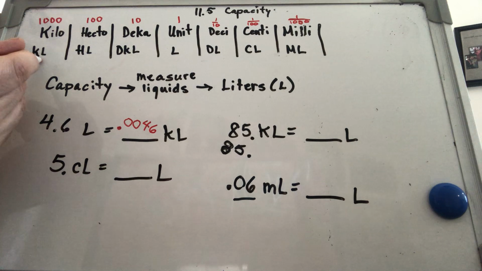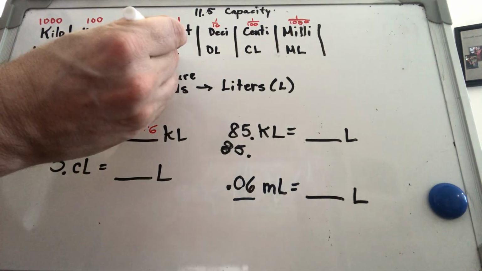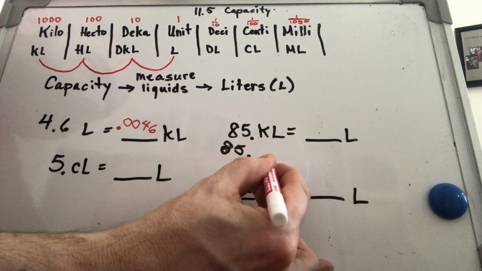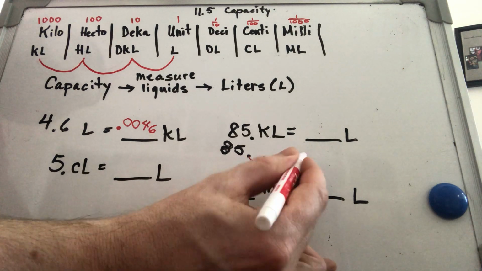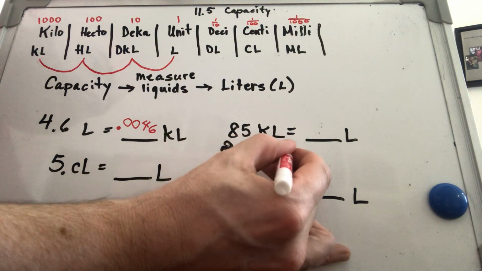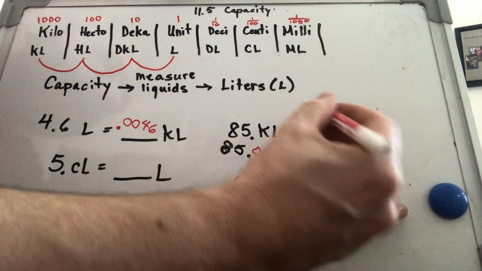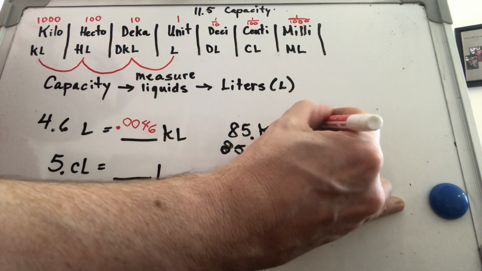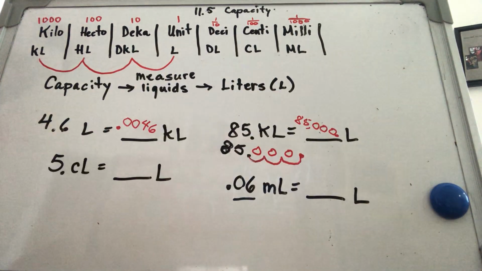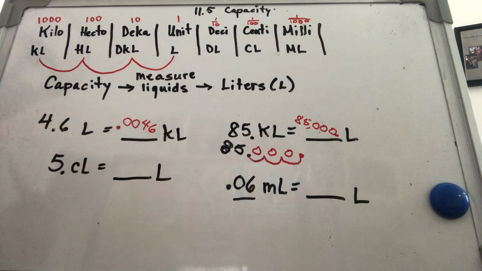So I'm starting here. 1 hop to the right. 2 hops to the right. 3 hops to the right. I'm going to do that with my decimal. 1 hop. 2 hops. 3 hops to the right. That's my new decimal placement. I fill it in with zeros. And I just found out that 85 kiloliters is the same thing as 85,000 liters. So whatever you do on the chart is exactly what you do with the decimal.